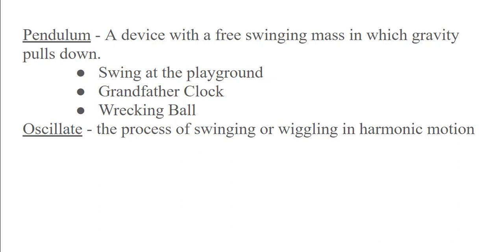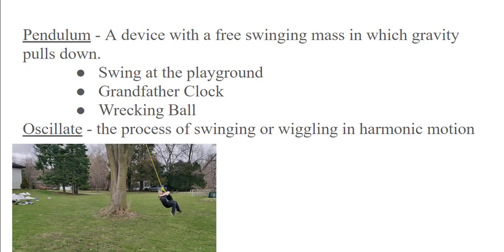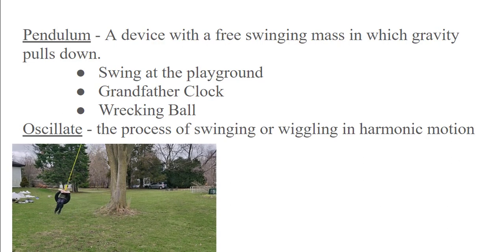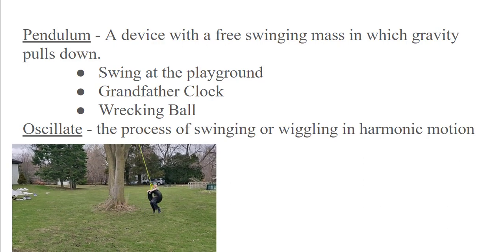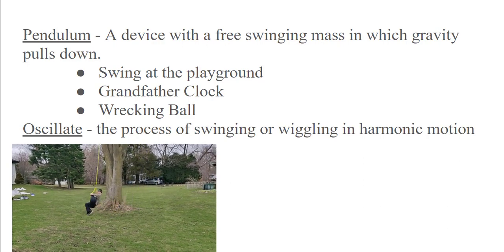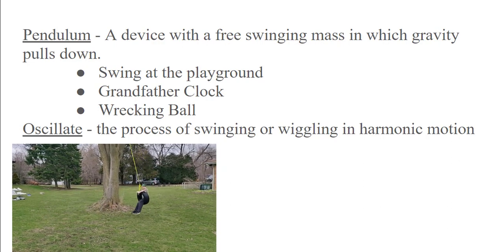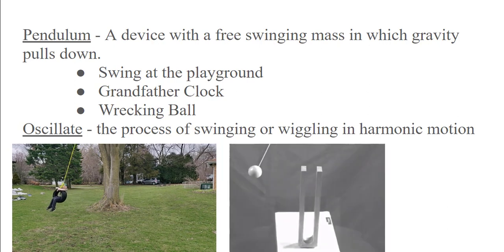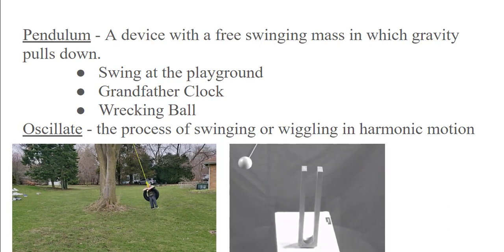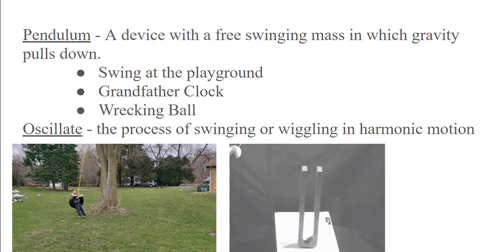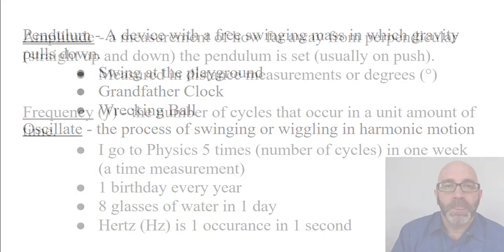A pendulum is a device with a free-swinging mass upon which gravity pulls down. So think swings at the playground, or grandfather clocks, or even wrecking balls could be thought of as a pendulum. The process of swinging or wiggling in a harmonic motion is known as to oscillate, or an oscillation.